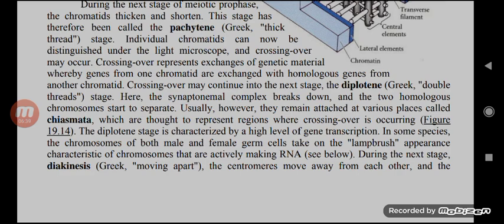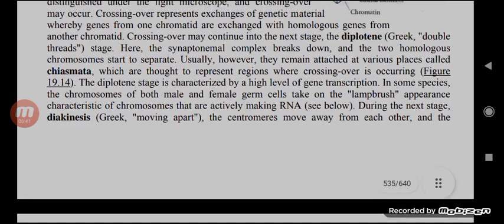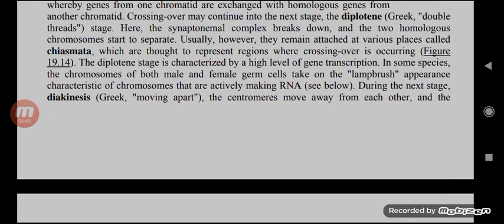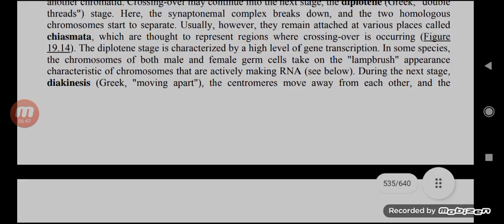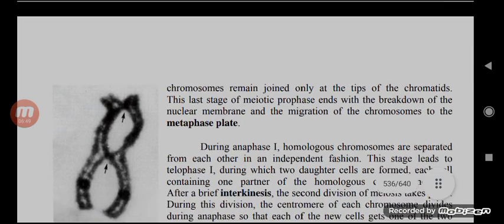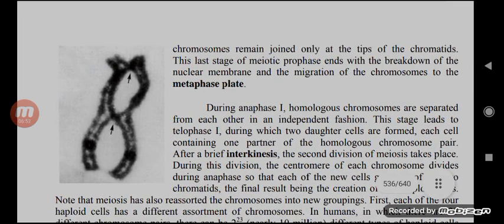Below, during the next stage, diakinesis, Greek for moving apart, the centromeres move away from each other, and the chromosomes remain joined only at the tips of the chromatids. This is the final stage of meiotic prophase, with the breakdown of the nuclear membrane and the migration of chromosomes to the metaphase plate.